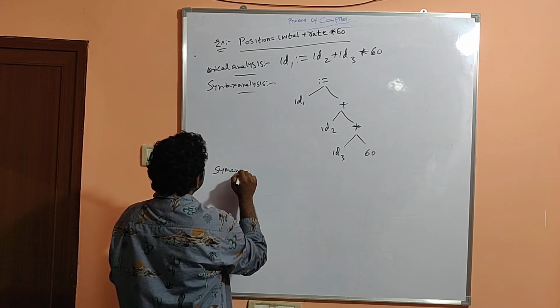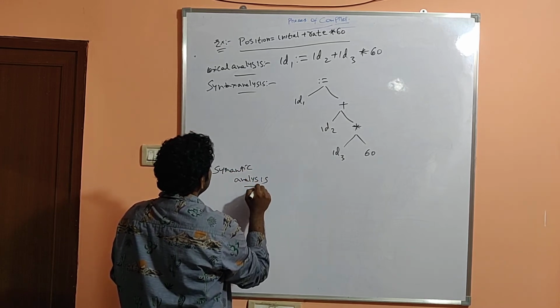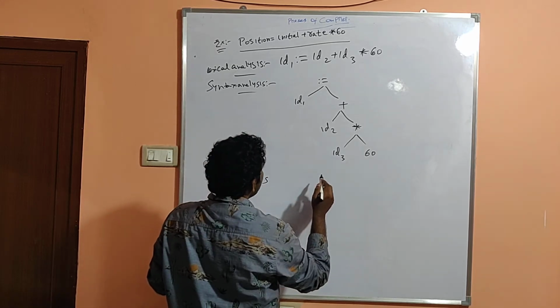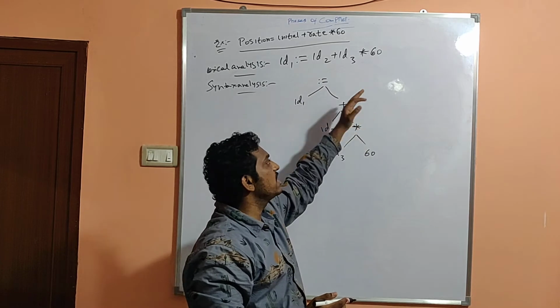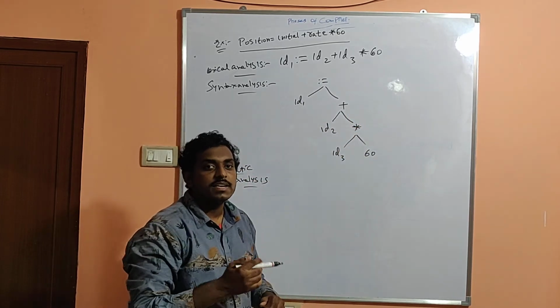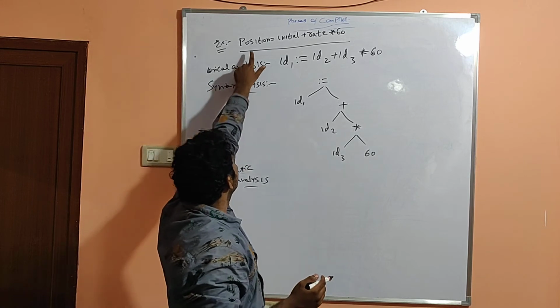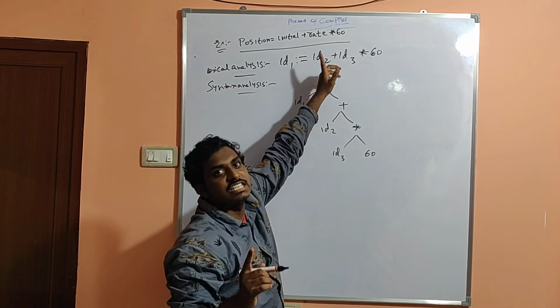Next, semantic analysis. In semantic analysis, if there are any integer values in our input, it converts the integer values to real values. Here in our input we have one integer value, that is 60.